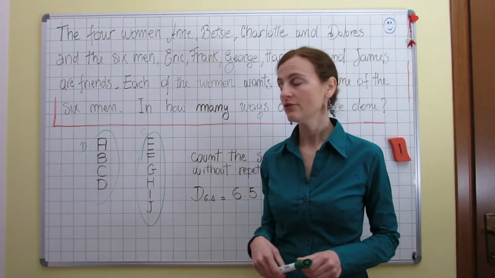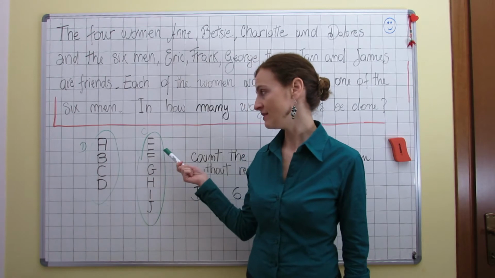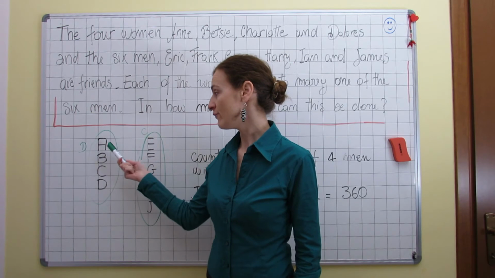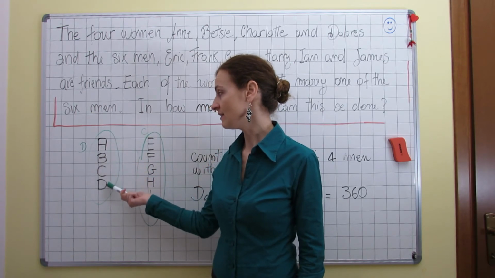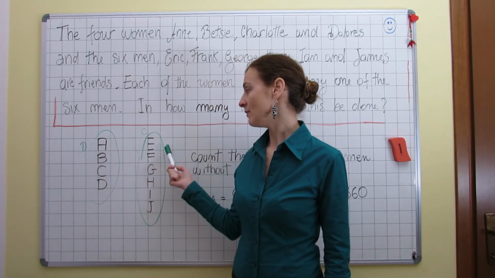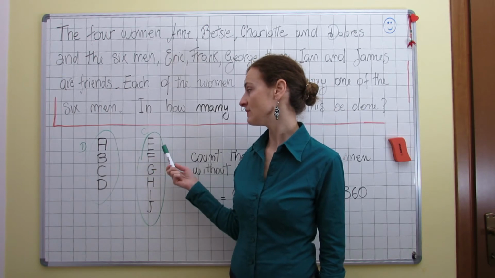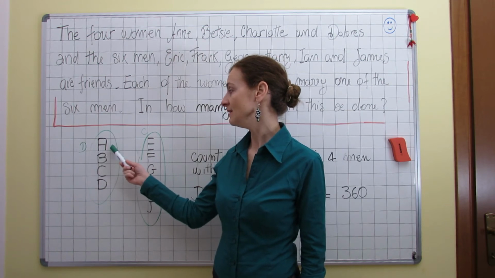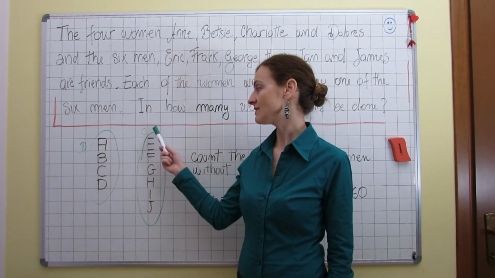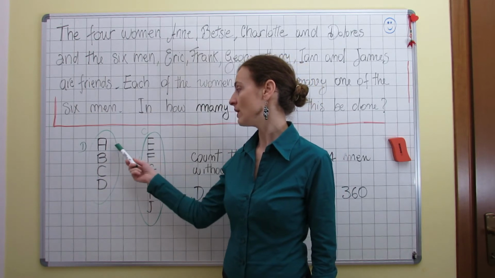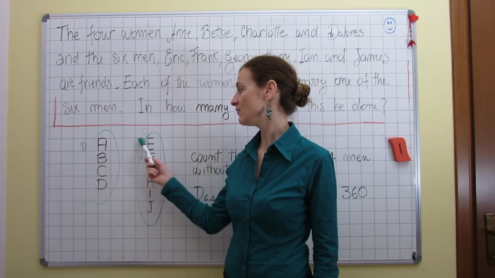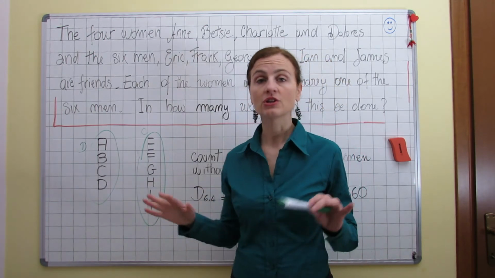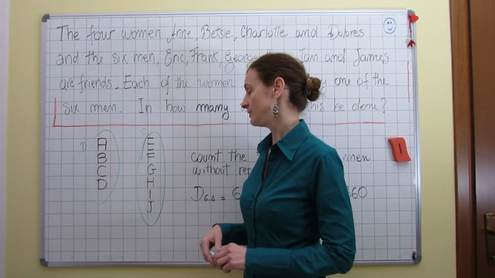A function from a set D to a set C is an application that associates to every element of the first set D one and only one element of the set C. So an element from set D will have an image in the set C and only one image, so it cannot have 2 images. This is the definition of a function.